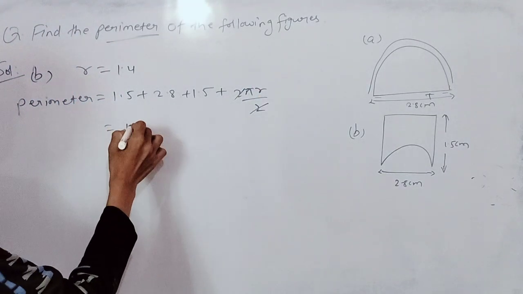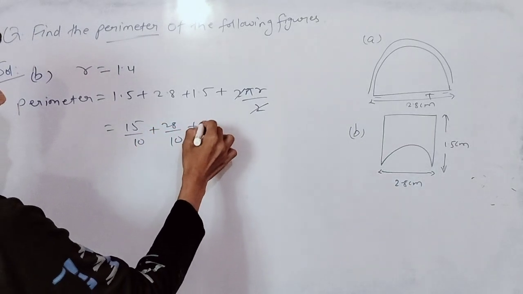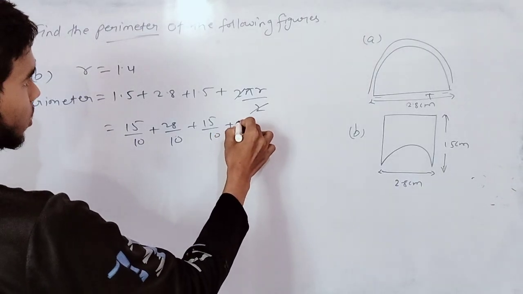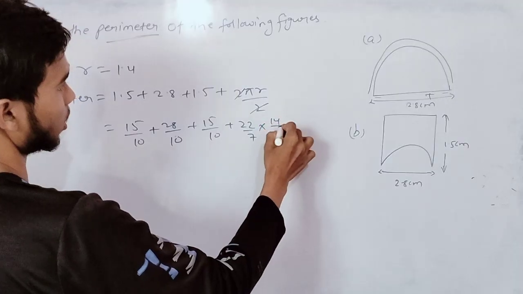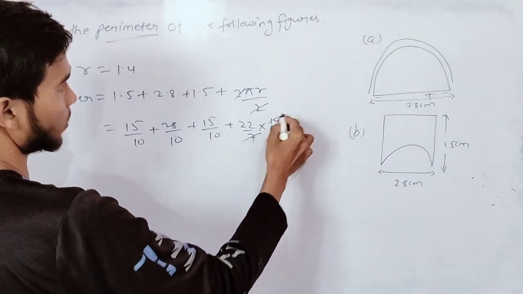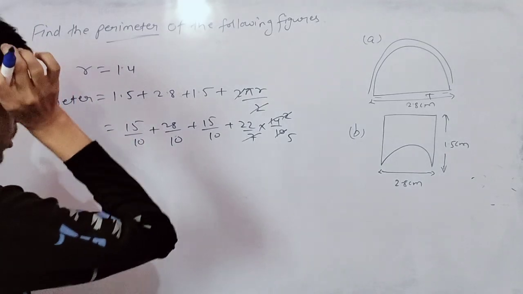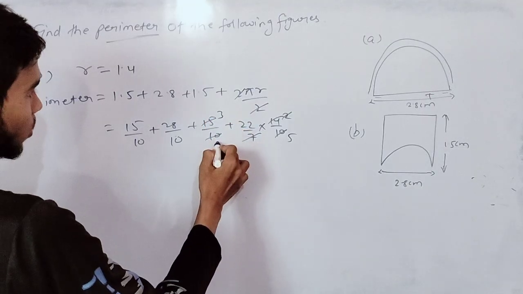So 15 upon 10, 28 upon 10, 15 upon 10, plus 22 upon 7 multiplied by 14 upon 10.